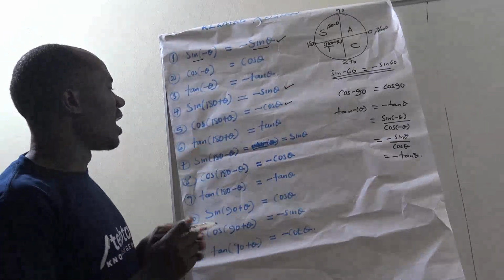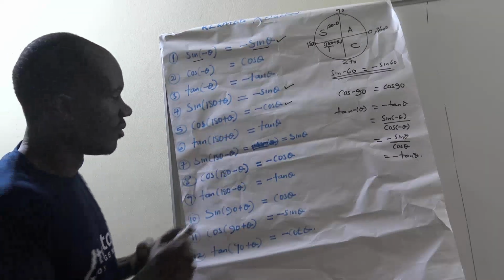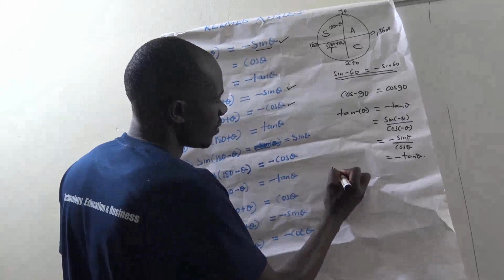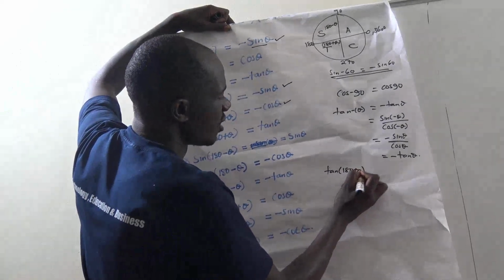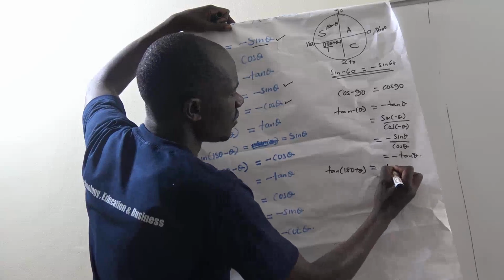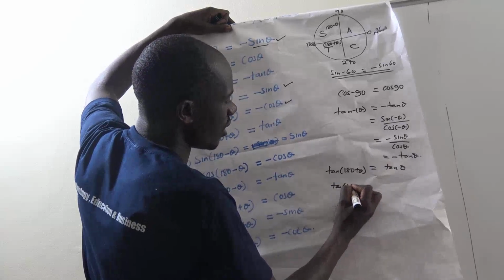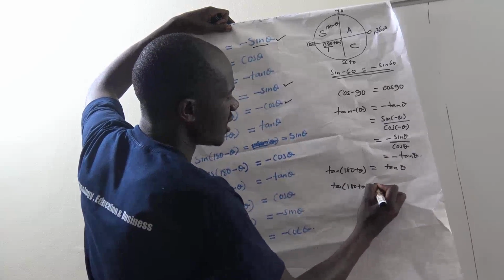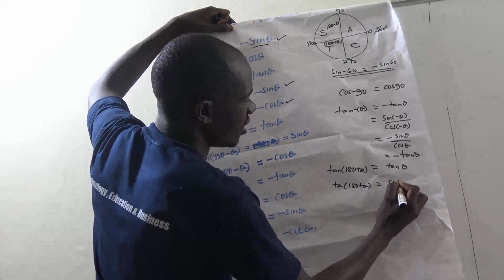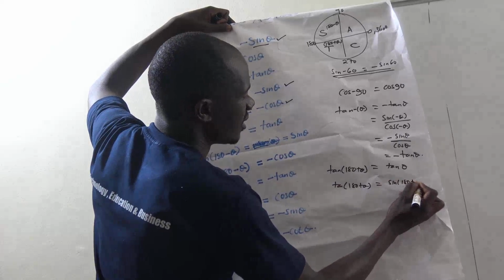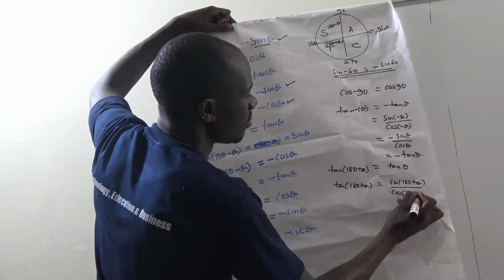When it comes to tan of 180 plus theta, it is the same as tan theta, positive. Where does it come from? Tan of 180 plus theta is the same as sine of 180 plus theta over cos of 180 plus theta.